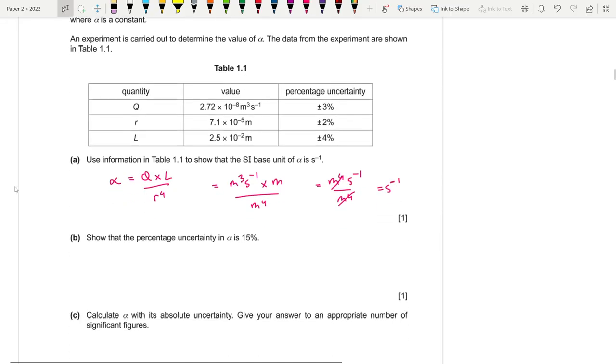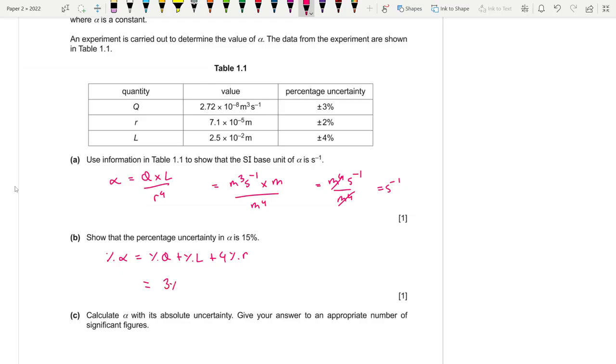Next, show that the percentage uncertainty in alpha is 15%. Percentage uncertainty of alpha is equal to percentage uncertainty of Q plus percentage uncertainty of L plus 4 times percentage uncertainty of R. This is due to the power: R to the power 4 means R into R into R into R, which is why there's 4.